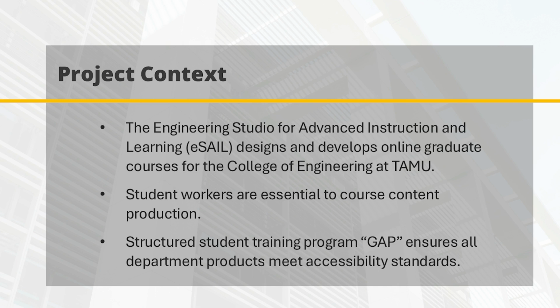We have developed in our department a structured student training program called the GAP program that addresses all of the different knowledge, skills, and abilities that our student workers need to be successful in their job. And when students come in, we assume that they're starting at zero with no knowledge of any of these skills, and we're going to give them quite thorough training.